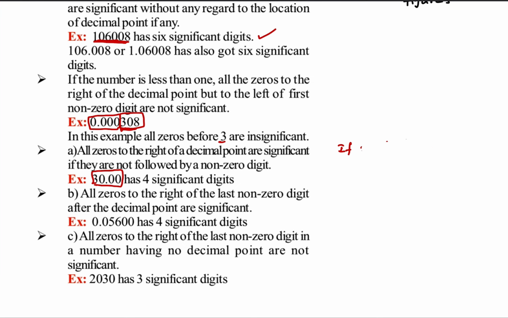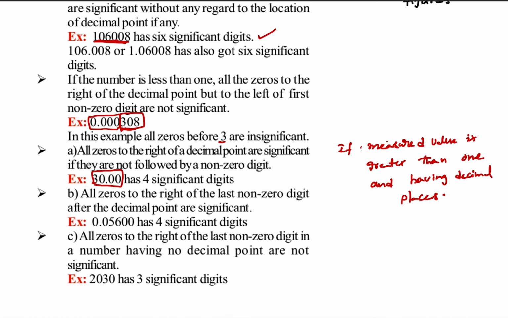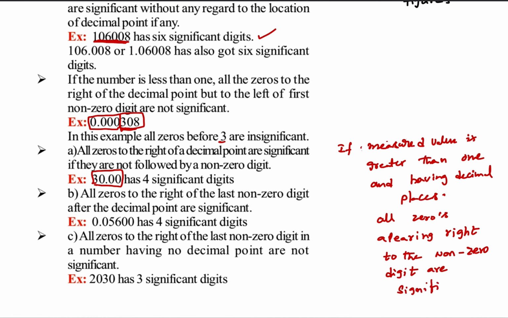We can say that if the measured value is greater than 1 and has decimal places, in that case all zeros appearing to the right of the non-zero digit are significant.